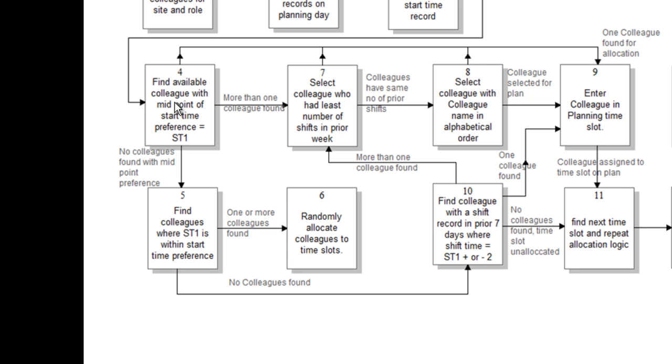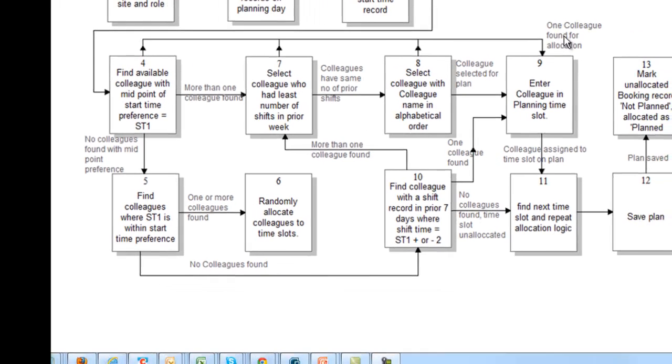So if the 10 o'clock start time was required, it would try and find colleagues where the start time is in the middle of their preference. And if it finds one of those colleagues, then we go along this arrow here, and we enter the colleague in the planning slot.